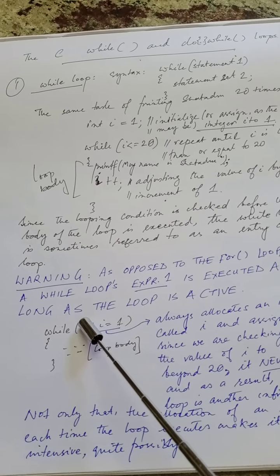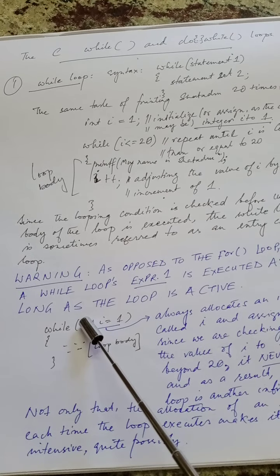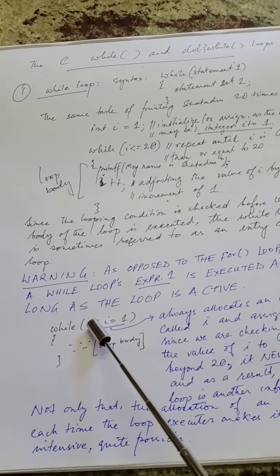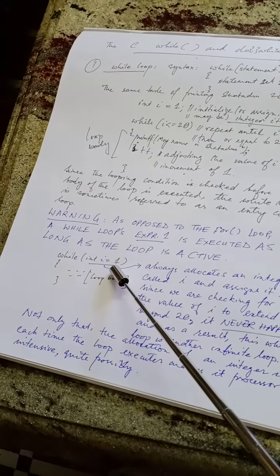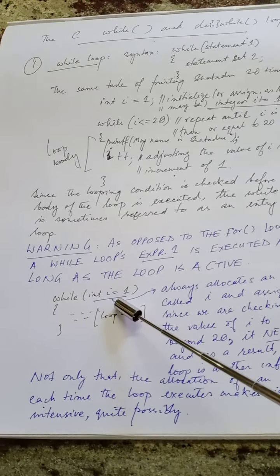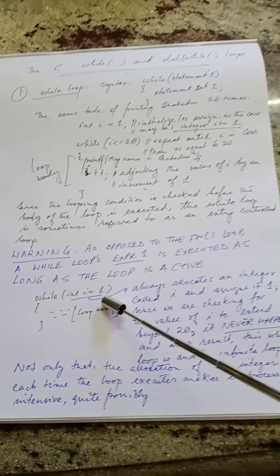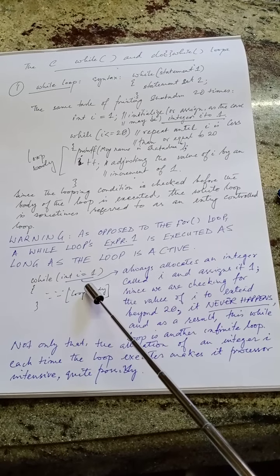Even if you omitted int like this, for example, I equals 1, it will keep on assigning 1 to I, and so there is no condition checking here. Alright, so it will go on forever. So that's basically an infinite loop.